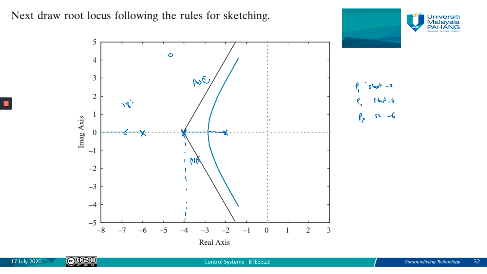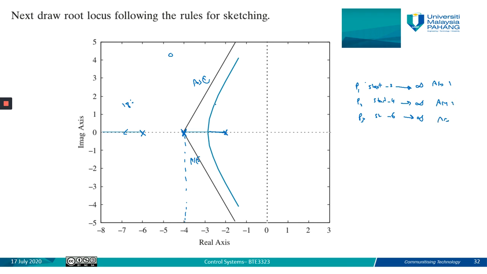Okay, so this is the start point. Where does it go? It goes to infinity, because we do not have any zero. This one also goes to infinity, this one goes to infinity. This goes to infinity with asymptote number 1, this goes to infinity with asymptote number 2, this goes to infinity with asymptote number 3.